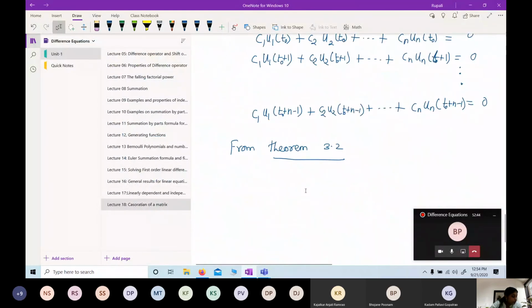So from theorem 3.2, we get that u(t) must be 0 for all t.